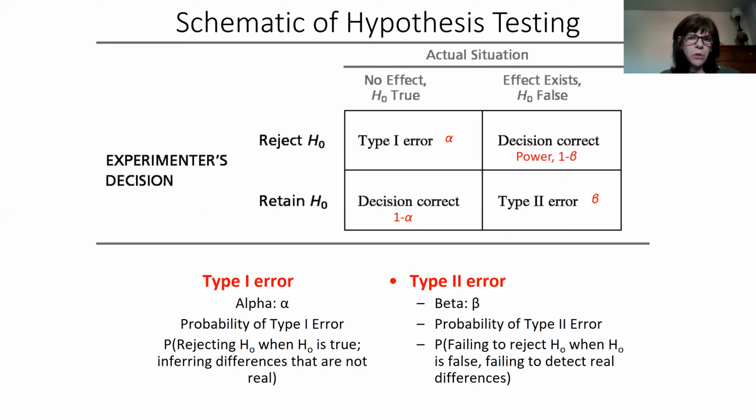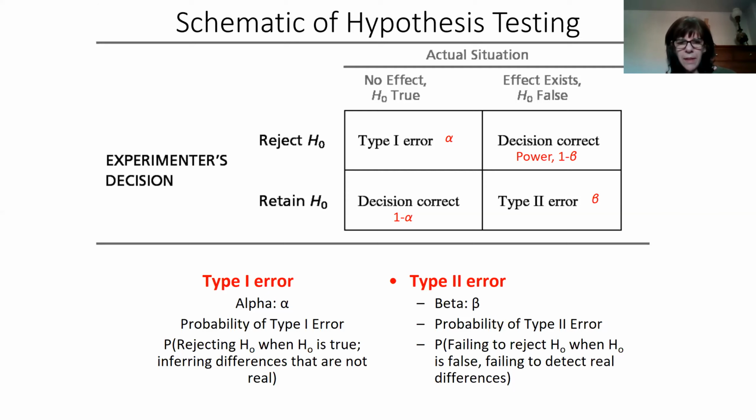You have, I'm sure, already learned in your statistics class about type 1 error, which is controlled by alpha. The probability of making a type 1 error is the probability that you will go ahead and reject the null hypothesis when it's true.